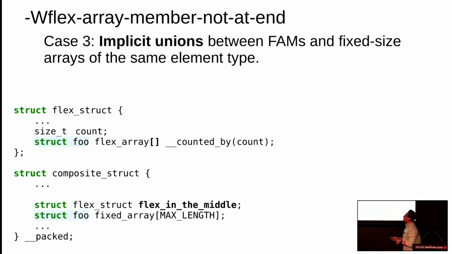So in this case, struct foo is the type of our flexible array member. Then we have our conflicting member, which is this one, flex in the middle. But immediately following this member, we have a fixed size array of the same type as the flexible array.